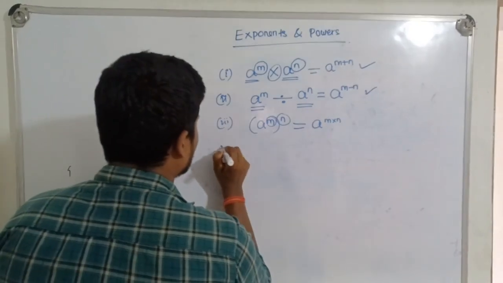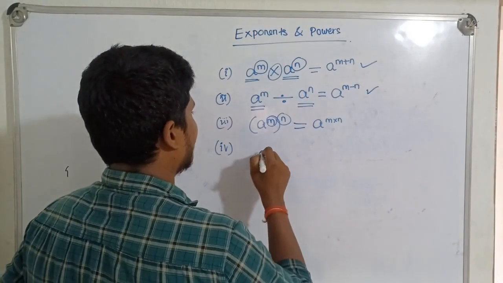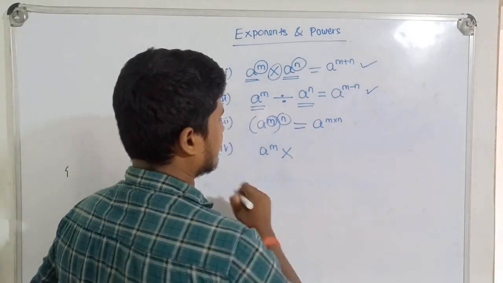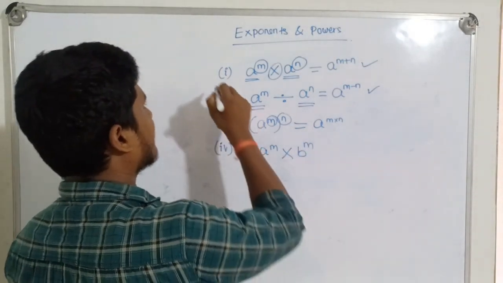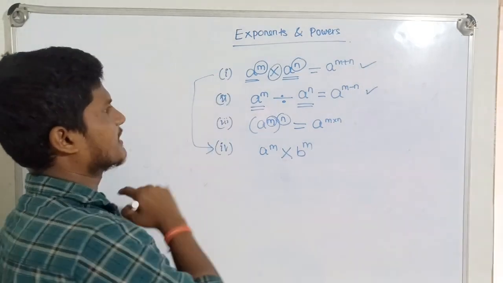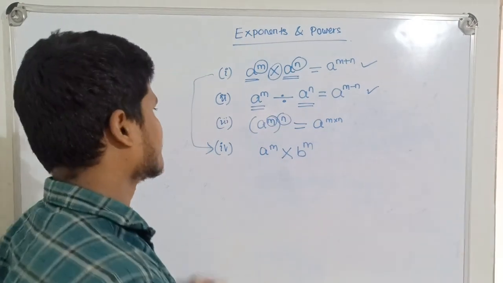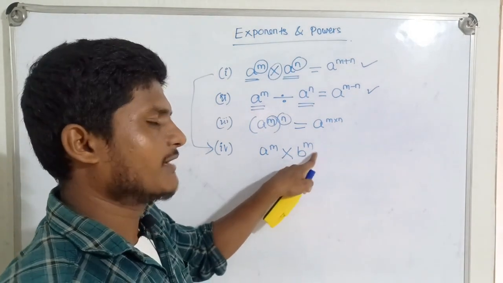Okay, look at this. Here I can write a to the power m multiplied with b to the power m. So observe carefully, with the first formula, that means a power m multiplied with a power n. In this case, a power m multiplied with b power m.